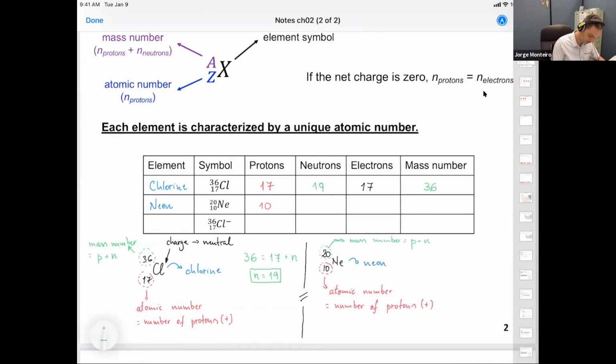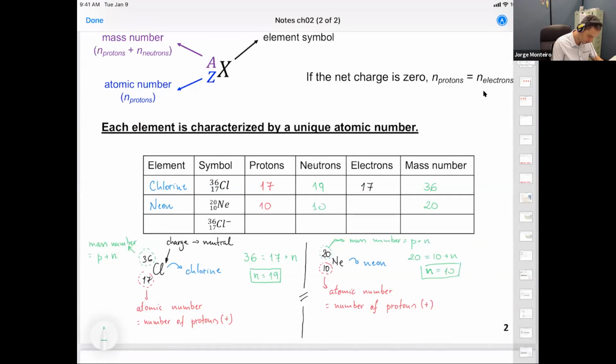So therefore, for this particular element, we have mass number equals 20. Therefore, the number of neutrons is going to be equal to 10.